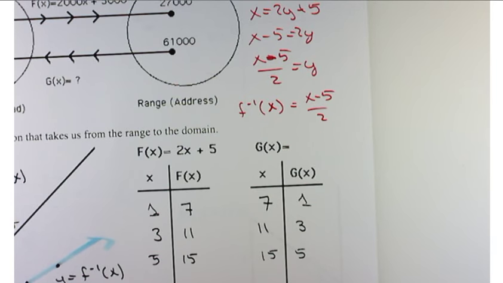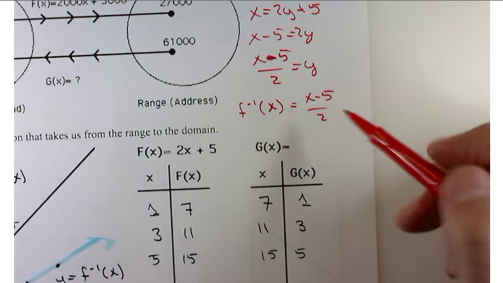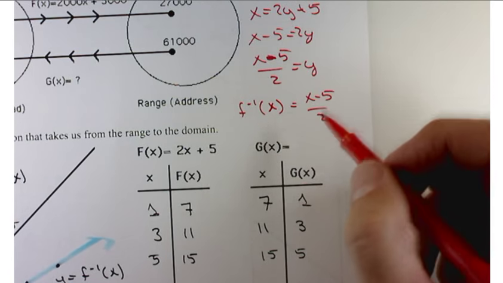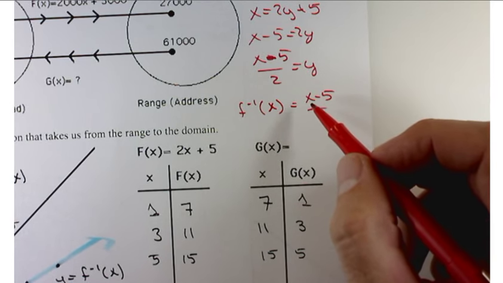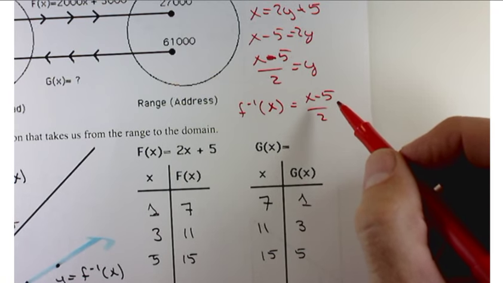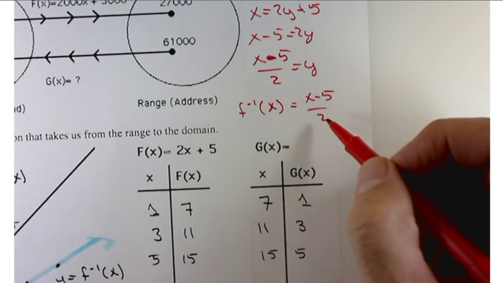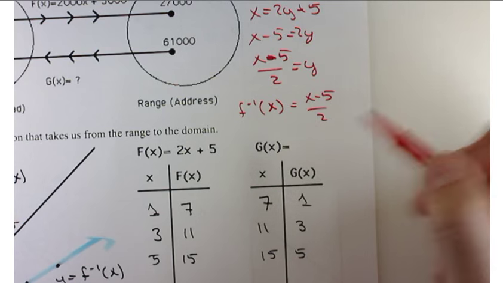So there's your inverse function. You can apply it down here, or going back to that example from earlier, the 67,000 block, 67 minus 5 is 62, divided by 2 is 31. So 31 mile road.